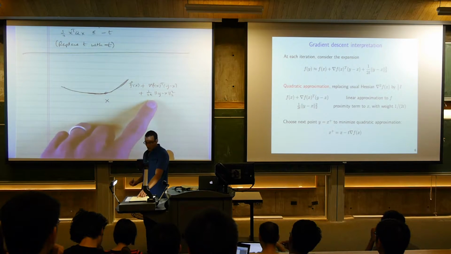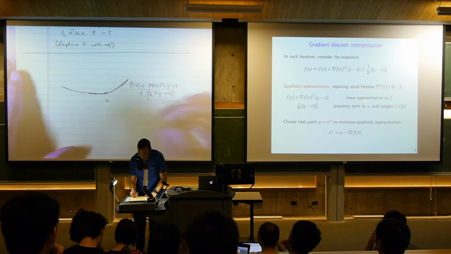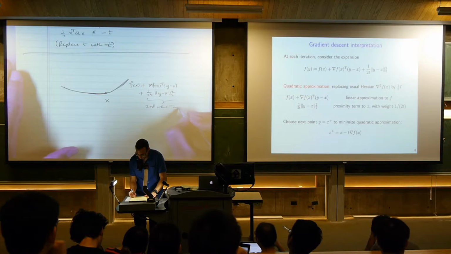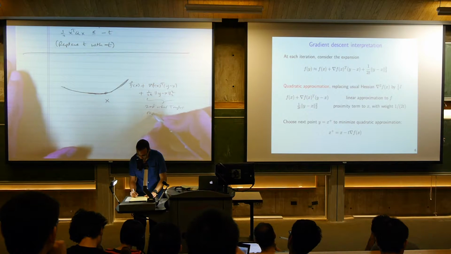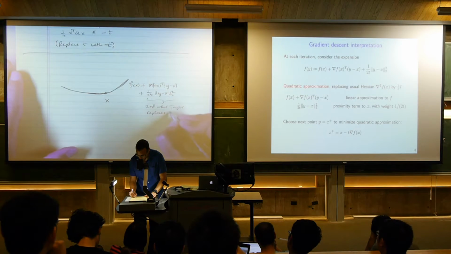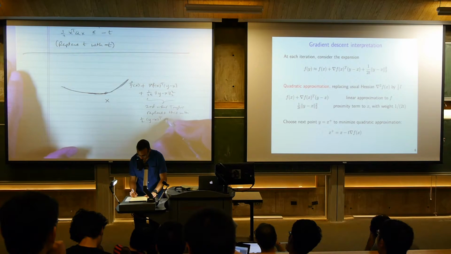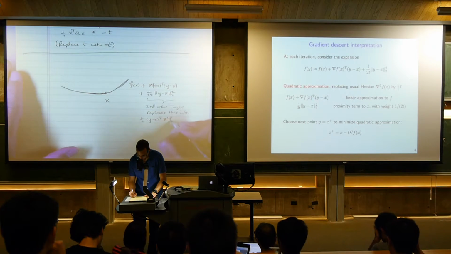If I had a second-order Taylor approximation, then I would have replaced this term. Second-order Taylor replaces this with 1/2 (y minus x) transpose the Hessian times (y minus x).